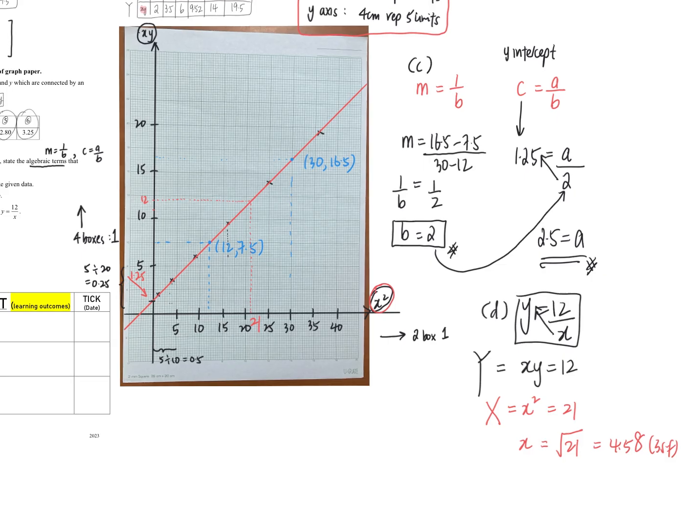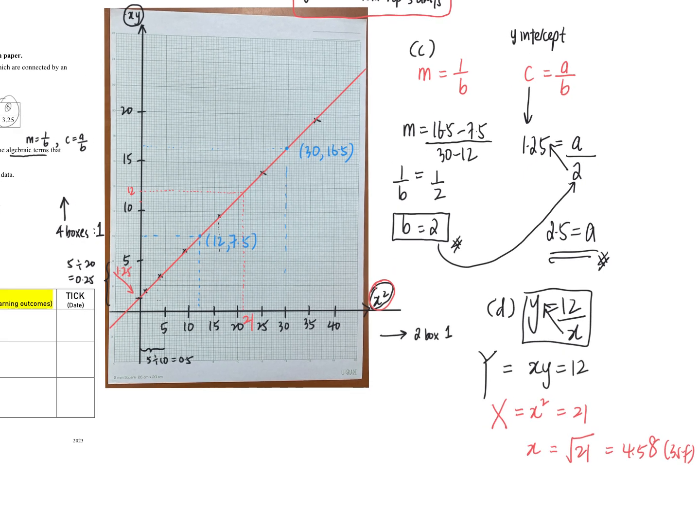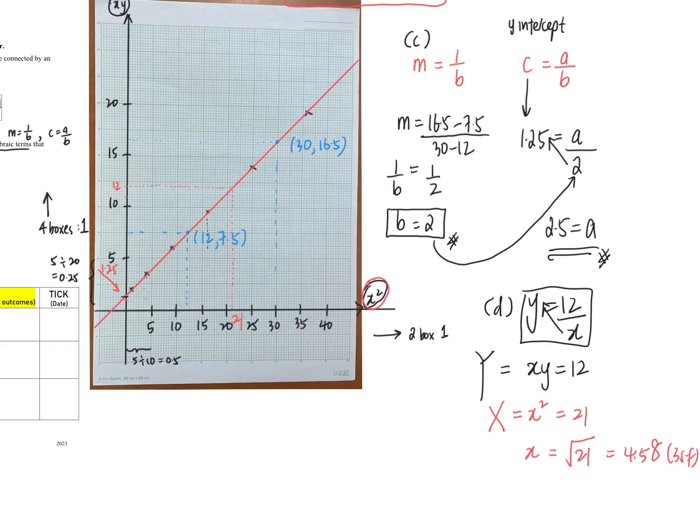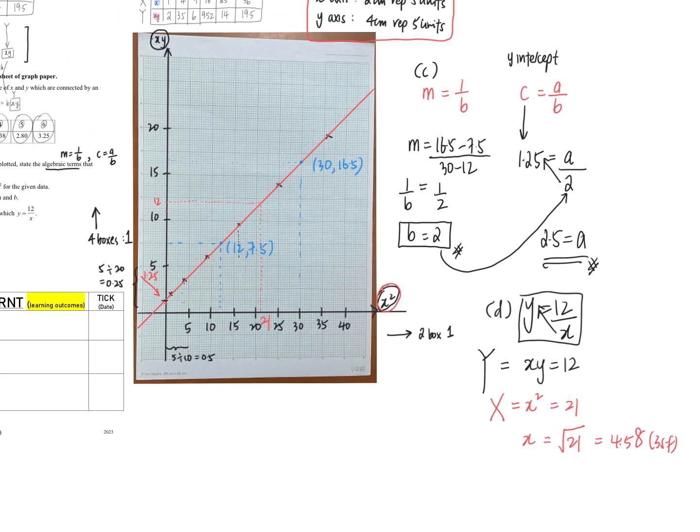Why 1.5? 4 boxes is 1, right? It's 6 boxes, right? And it's 5 boxes, right? I got 1.75. Okay, we will accept a range of accuracy, but don't be too off. Cannot go too far away. So why should you get 1.25? Because it's at the 5th box.